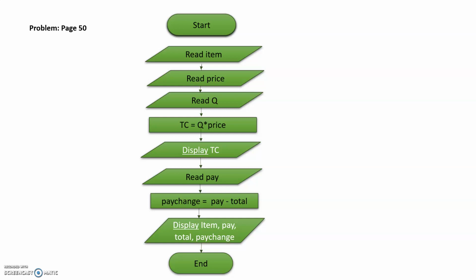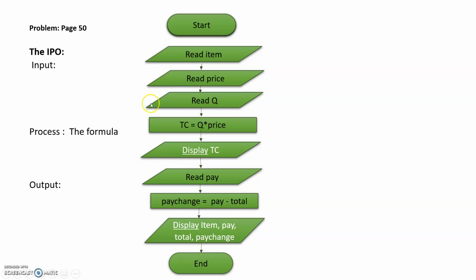Okay, so first of all we find the IPO. IPO is input, process, and output. Input normally is something that we gather from outside and put inside the system, and output is something that we convey out from our system, and normally process is the formula for the sequential structure.